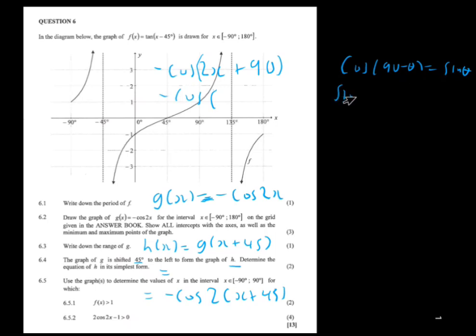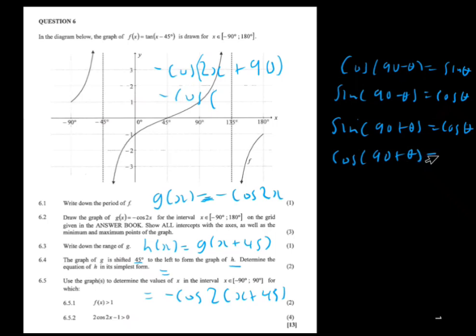Then we know that sine of 90 minus theta is cos theta. And sine of 90 plus theta is also cos theta. However, when it comes to cos of 90 plus theta, then we get a surprise. It becomes negative sine theta.